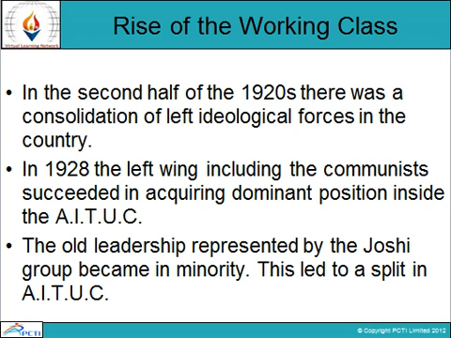In the second half of the 1920s, there was a consolidation of left ideological forces in the country. In 1928, the left wing, including the communists, succeeded in acquiring a dominant position inside the All India Trade Union Congress. The old leadership, represented by the Joshi group, became a minority. This led to the split in AITUC.